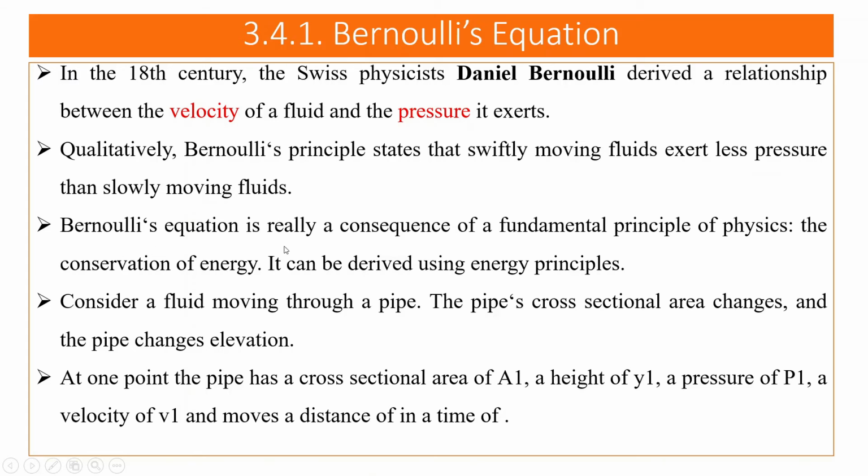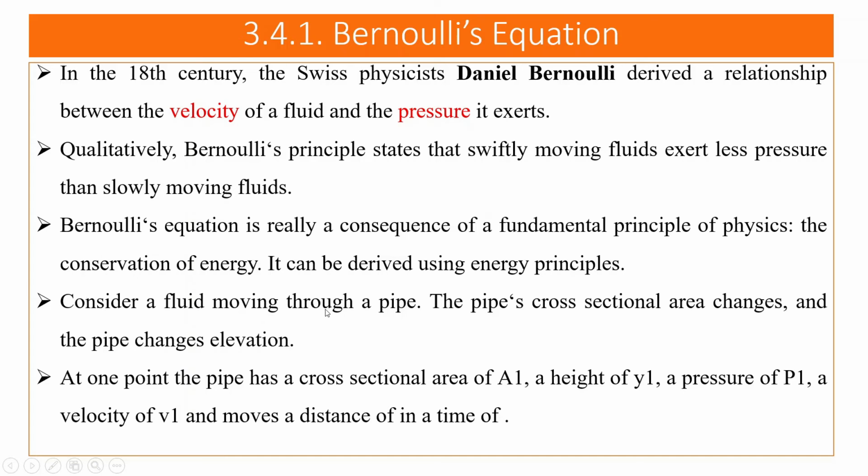So Bernoulli's equation is really a consequence of a fundamental principle of physics, the conservation of energy. It can be derived using the energy principle. So Bernoulli has a relation which is P plus 1/2 rho v squared plus rho gh is equal to constant at all points, based on the principle of physics, the conservation of energy.